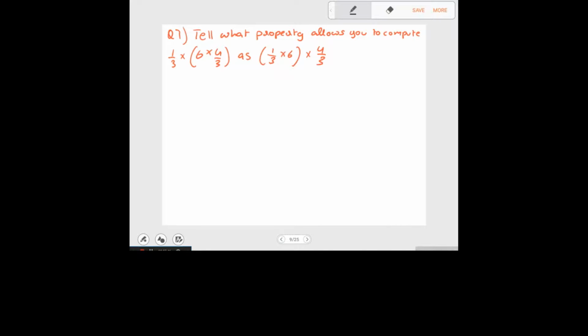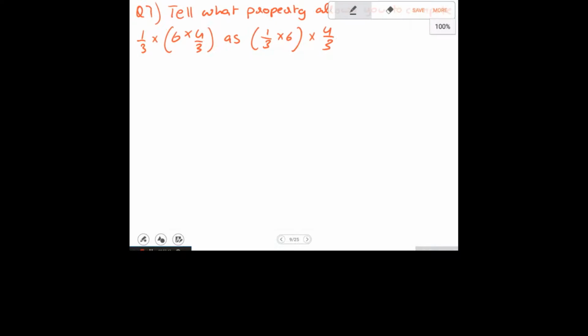Now the seventh question is to tell what property allows you to compute the following statement. So 1 by 3 into 6 into 4 by 3 as 1 by 3 into 6 into 4 by 3. This is the distributive property.